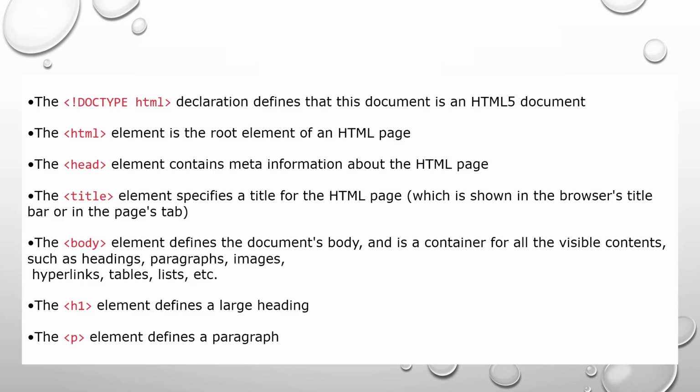So the head tag contains meta information about the HTML page. Whenever you visit a website, especially using a laptop, when you look at the website tab, you are going to see a small icon.